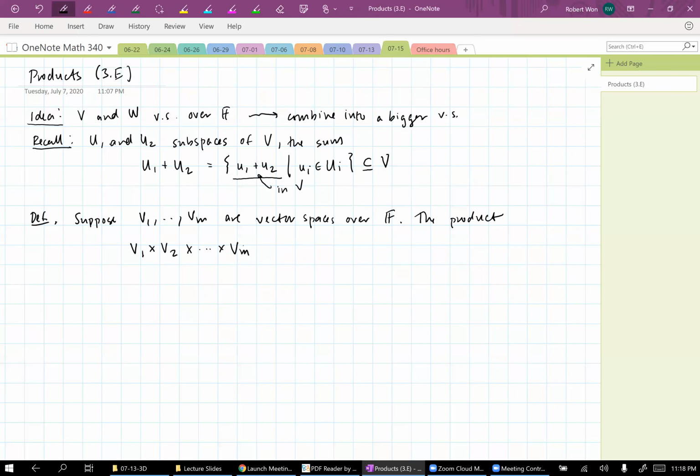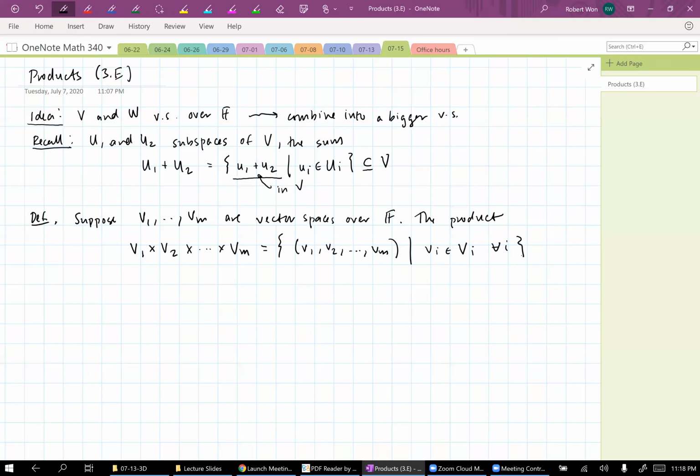V1 times V2 dot dot dot times Vn. Okay, so as a set, this is just the set of all ordered n-tuples where Vi is in Vi for all i. So as a set, you just take all possible n-tuples where you take something from V1, something from V2, something from V3, etc., and you just write them down next to each other.